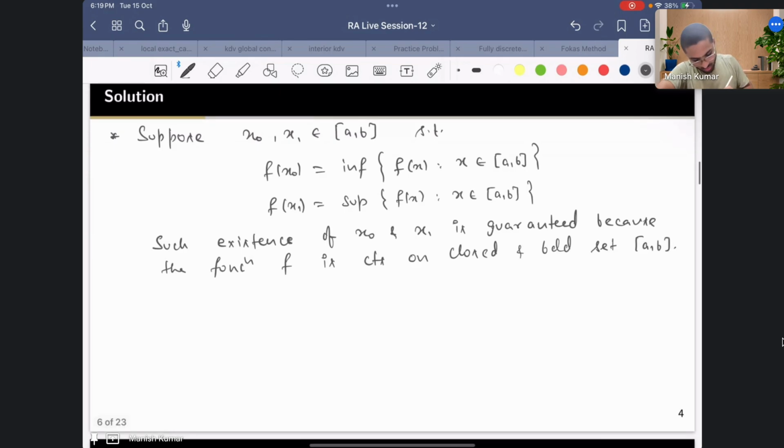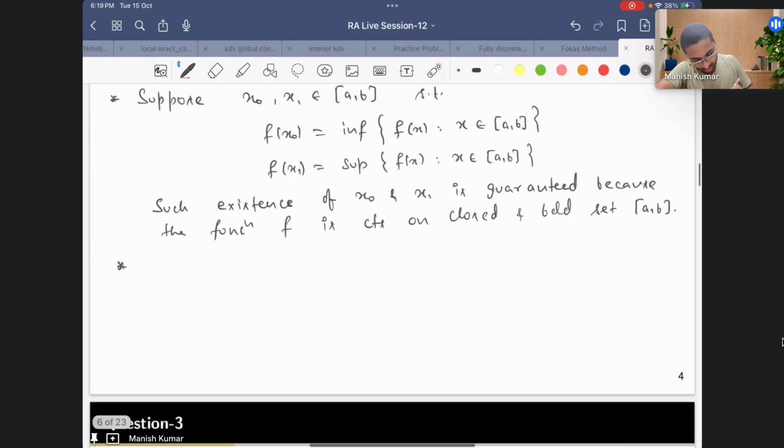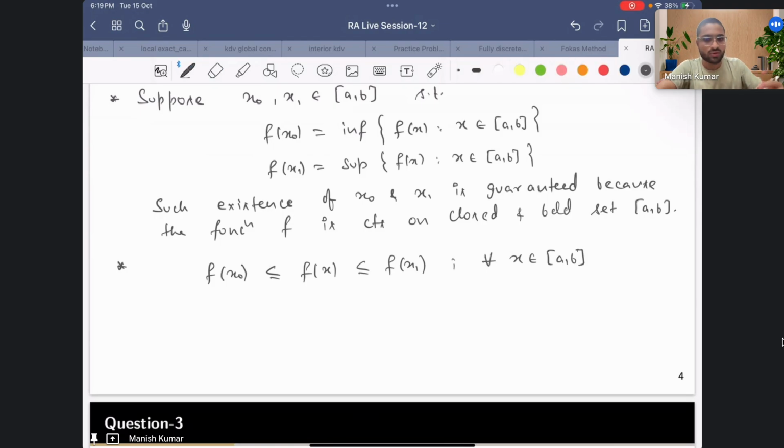Now what you can write is that f(x0) is less than or equal to f(x), and this is less than or equal to f(x1), and this is true for all x belonging to [a, b]. Now you know that the function f is continuous, so it is integrable on [a, b].